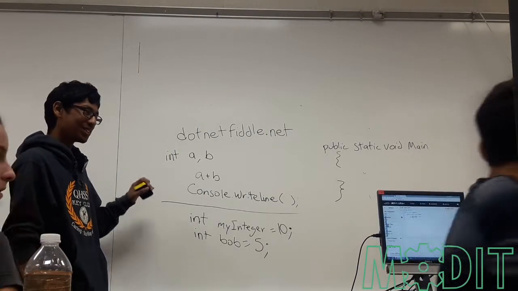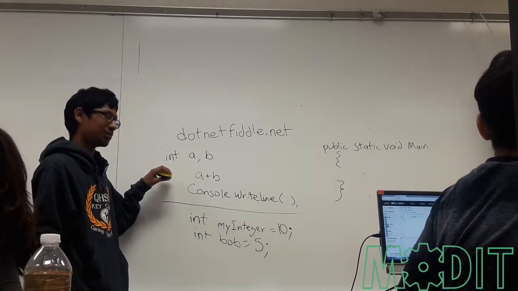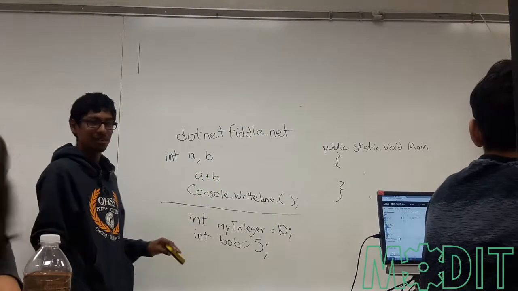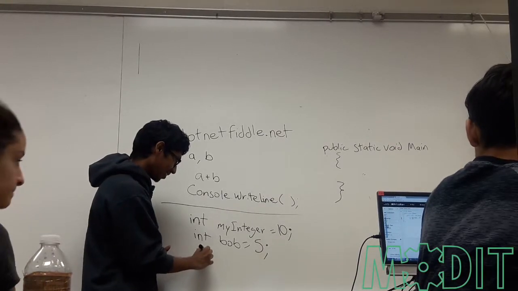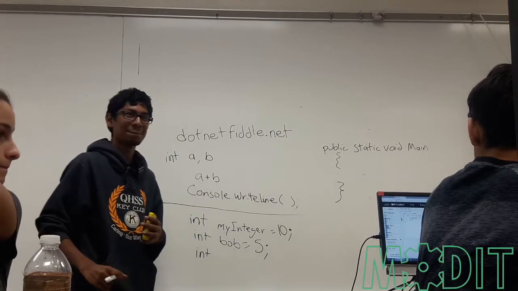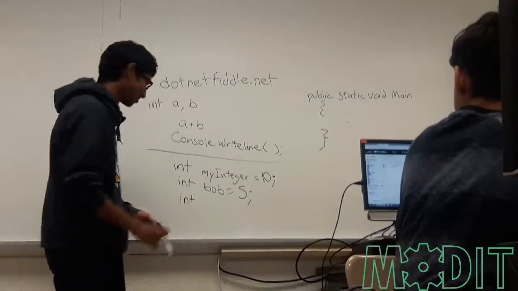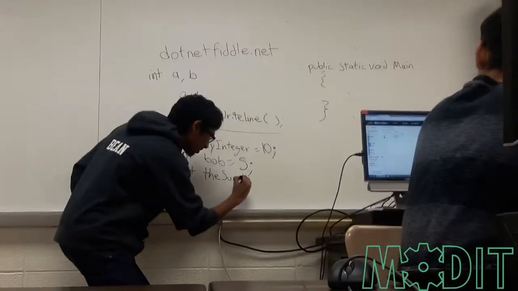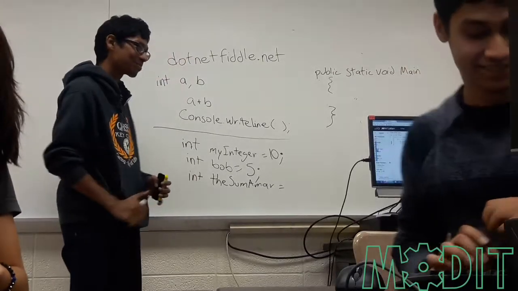So now we're going to make a temporary variable to store the sum of A and B. So that will be A plus B. So what do you want this integer to be called? What do you want the sum to be called? Amar. Okay.